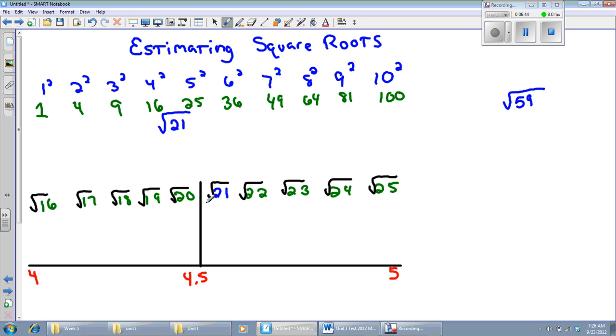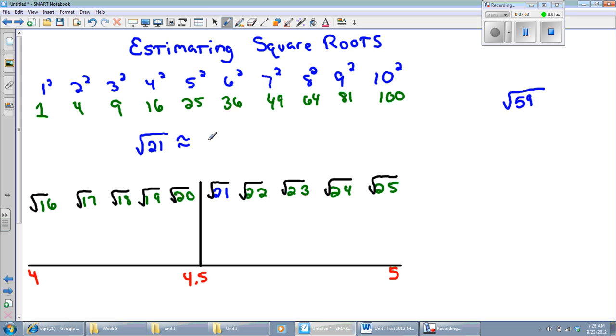Now look at this. The square root of 21 has to be just a smidgen more than 4.5, just a tiny little bit more. So because it has to be just a little bit more than 4.5, I'm not going to put 4.5 for my estimate. I'm going to say that the square root of 21 is approximately equal to 4 6/10.